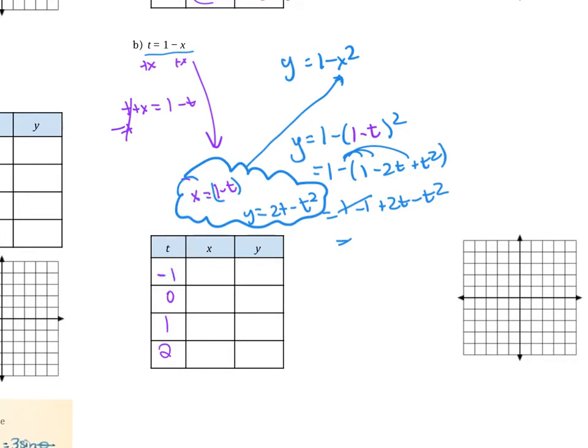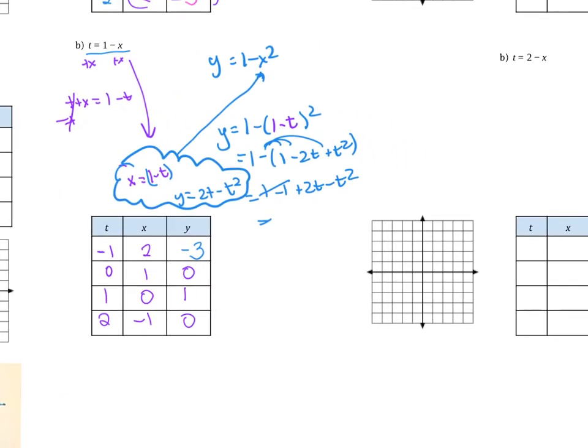When you plug in -1, you get 1 plus 1, which is 2, and in the y value you end up with -3. Plug in 0, you get 1, and then 0. Plug in 1, you get 0, and here you get 1. Then you plug in 2, you get -1 and 0.